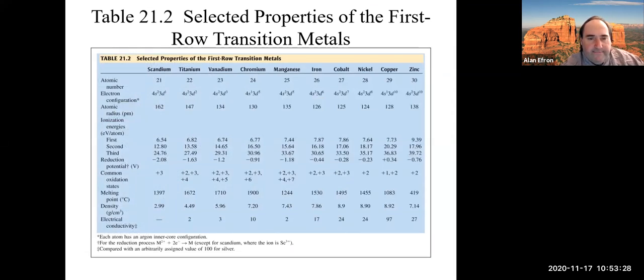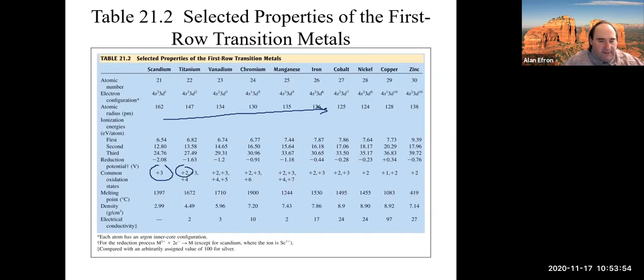Okay. Now here's just some general properties of what we see for transition metals. We see some of these things we talked about. Atomic size obviously starts to decrease in general as you go to the right. Oxidation states, as you can see, very common ones, +3s, +2s as you go across.